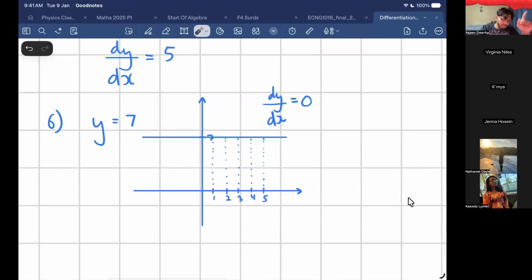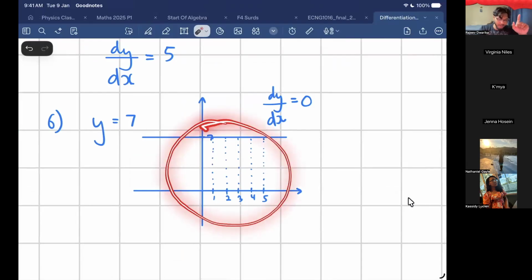I want you to explain to me, using this graph, why dy/dx is 0 for a constant.